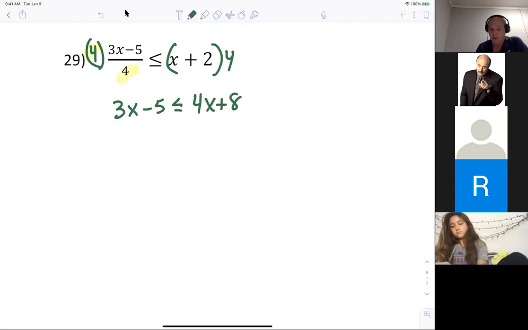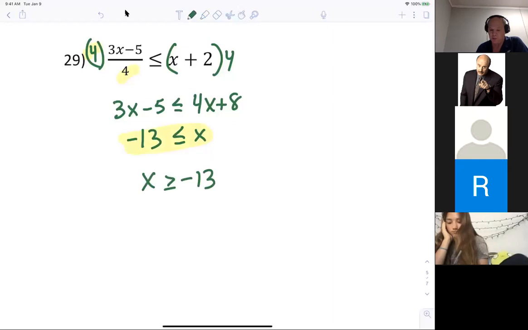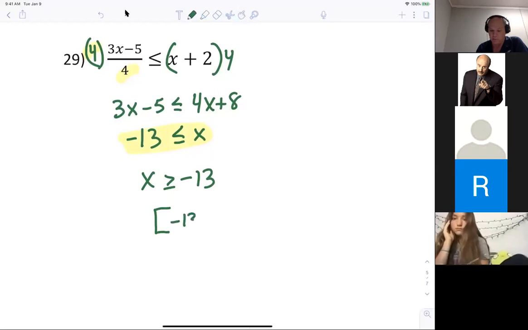So move the x, subtract the 8. So it'll be negative 13. Now, here's another time that I can refresh your memory on this. If negative 13 is less than or equal to x, that makes x greater than or equal to negative 13. And if you're greater than or equal to negative 13, bracket, to infinity.